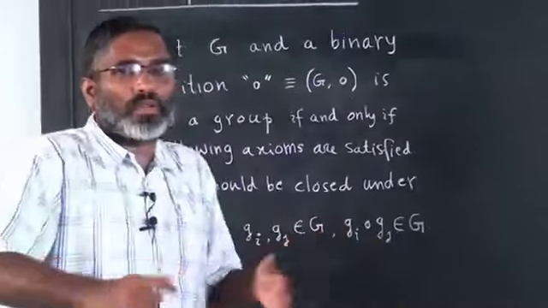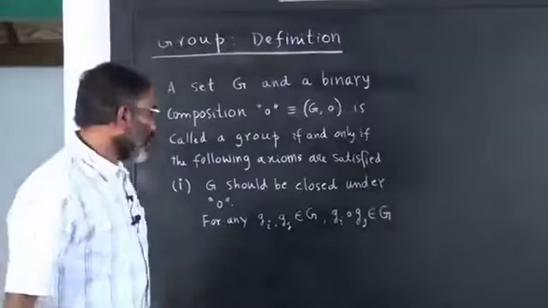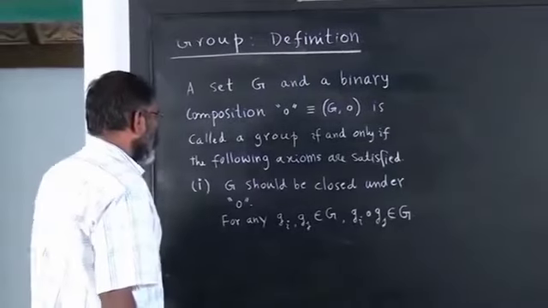So it is closed; you cannot go out of the group. That is the closure property.